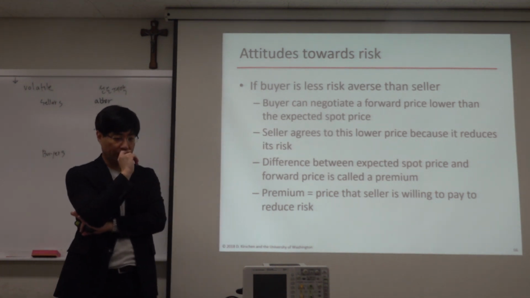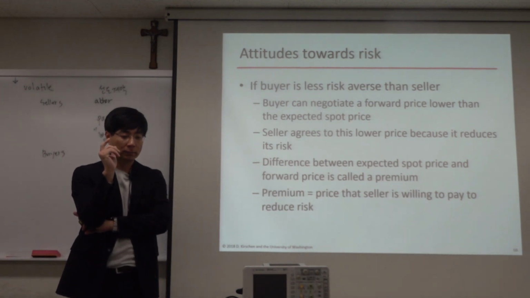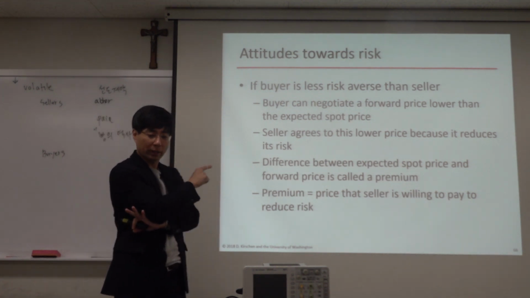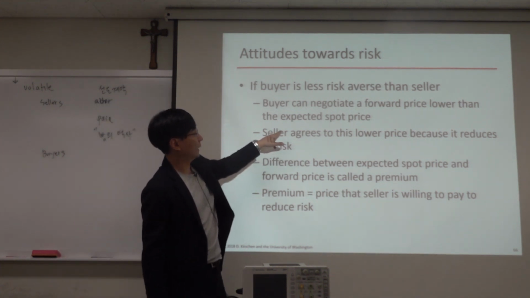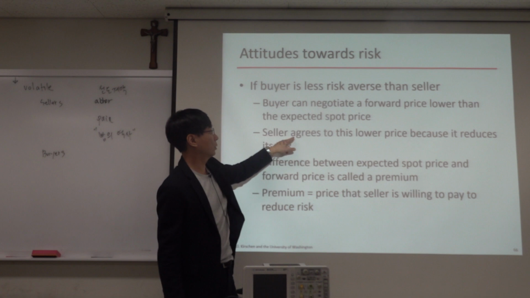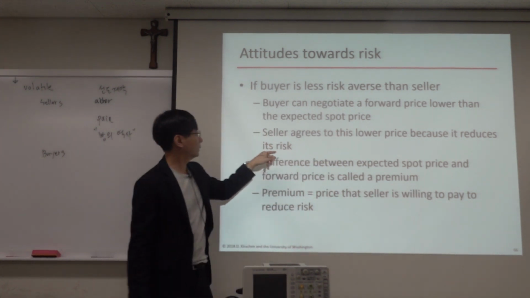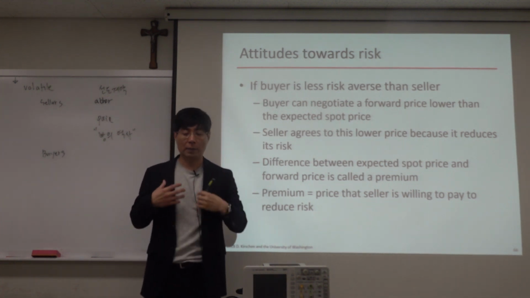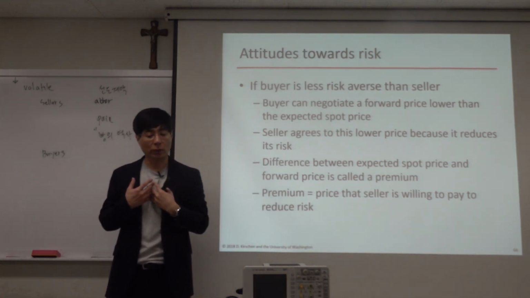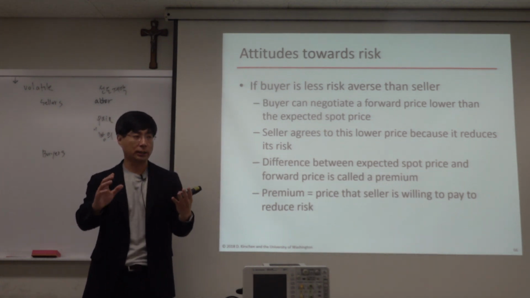So what does that mean? We will see one animation in the next slide. And the seller is risk averse. So the seller agrees to that lower price, because it reduces the seller's risk, in the sense that I'm a seller, I'm conservative. I don't want to worry too much about the price.